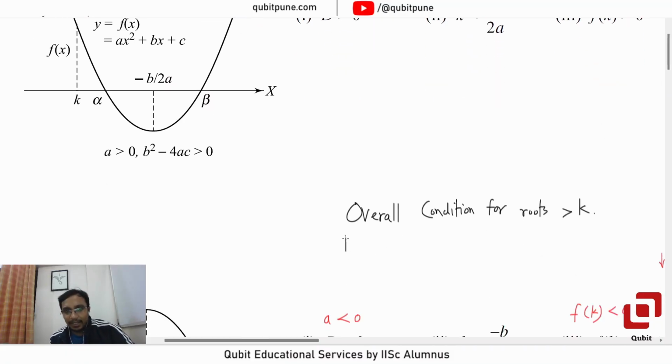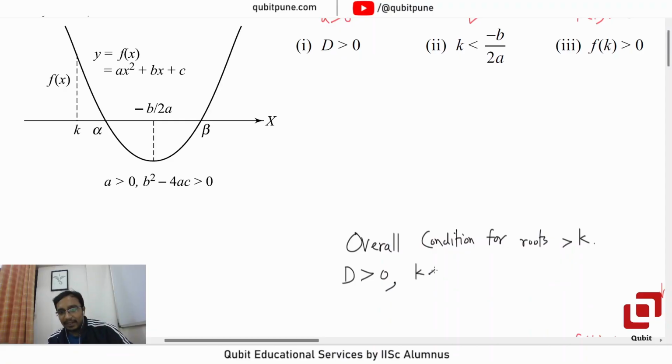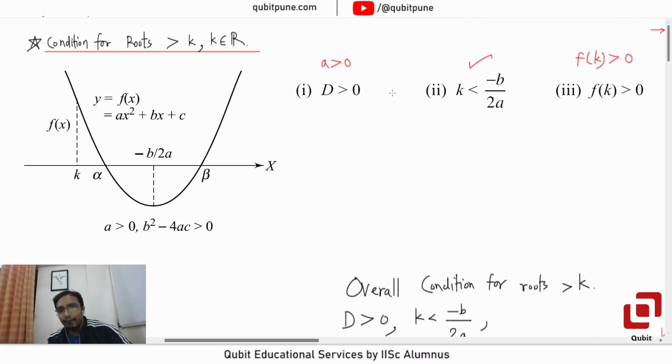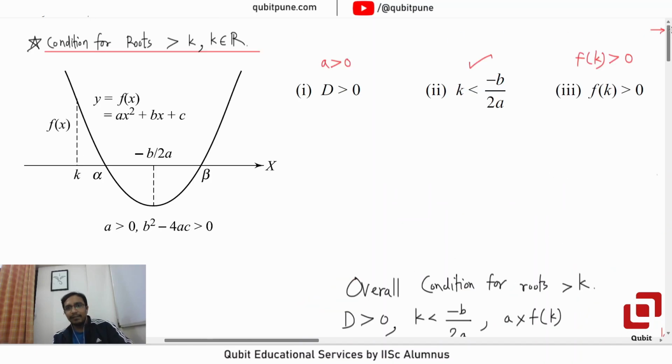Look, d has to be positive, of course, because we want the roots over here. k has to be less than negative b by 2a, obviously. And now, if we take the product of a and f of k, look, in the first case, a greater than 0, f of k greater than 0, so the product has to be positive.